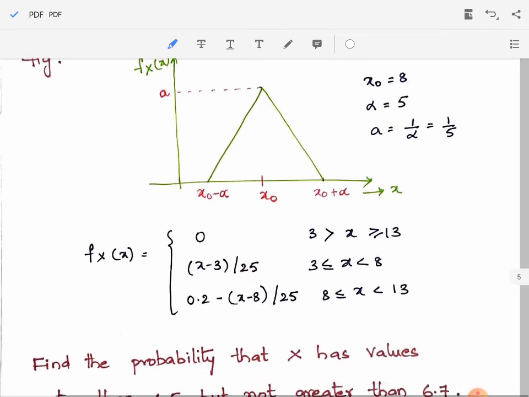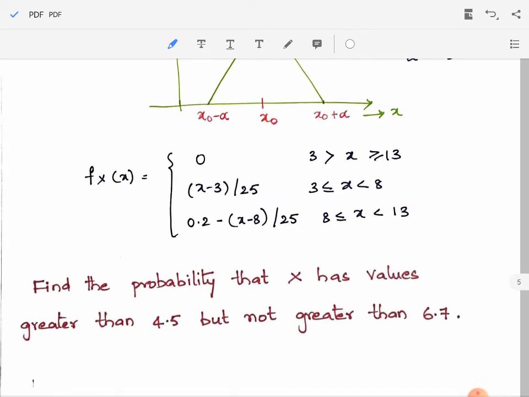Now the question is, find the probability that X has values greater than 4.5 but not greater than 6.7. So given the PDF, they are asking us to find the probability of the random variable X greater than 4.5 but not greater than 6.7.